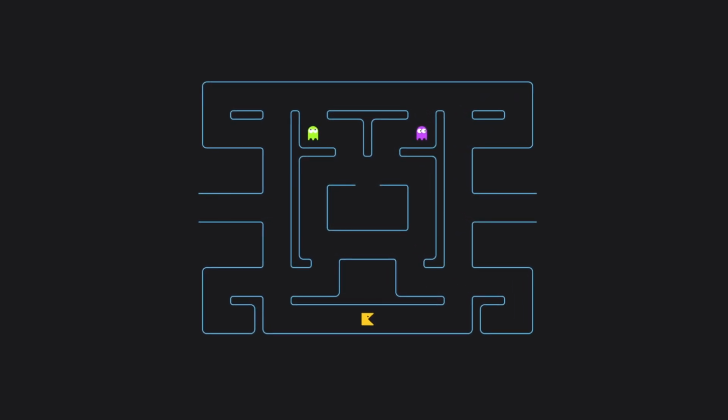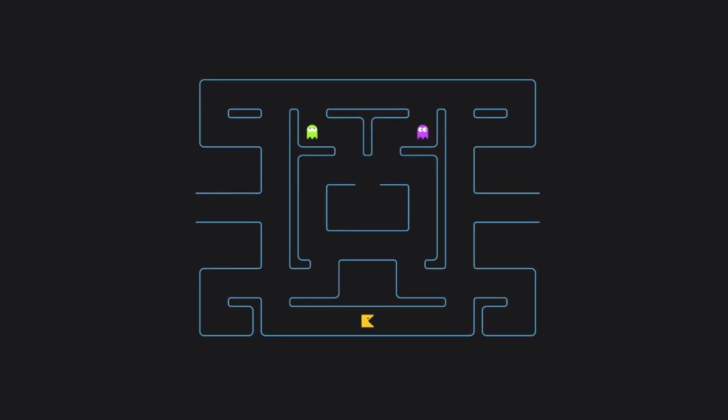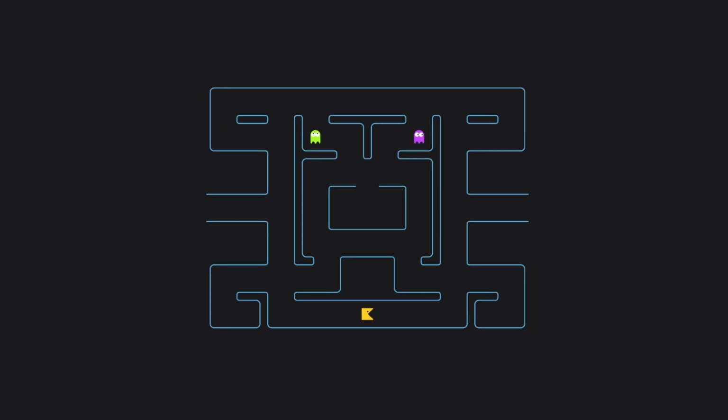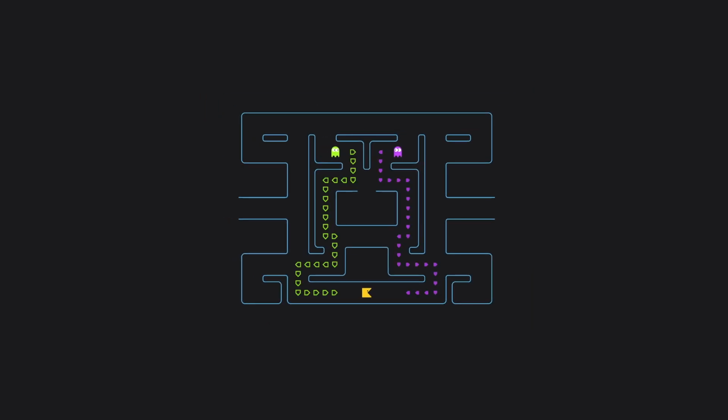For example, what you can see here are Archie and Pochi, who work together as evil twins. One of them is trying to intercept Cookie Man's path, while the other one is trying to attack Cookie Man from the back.